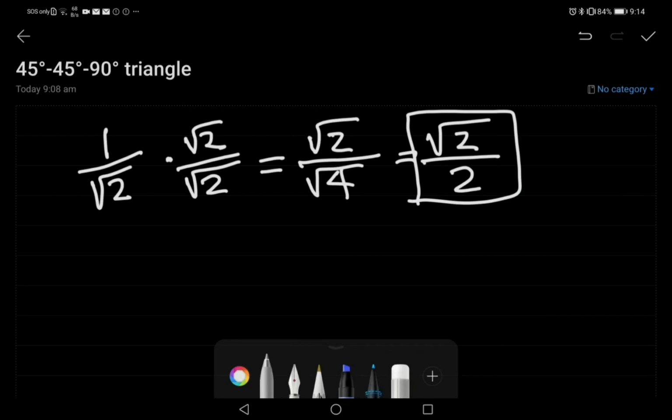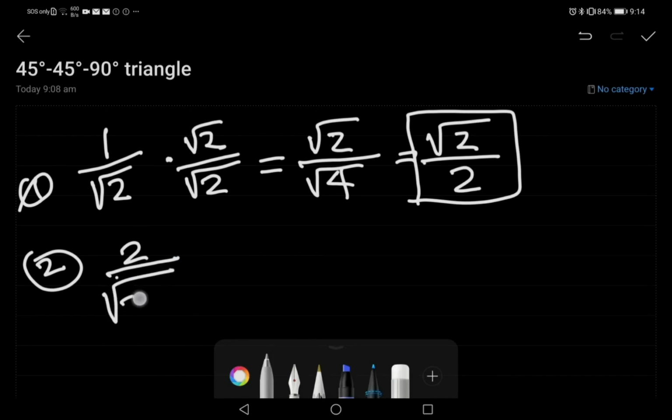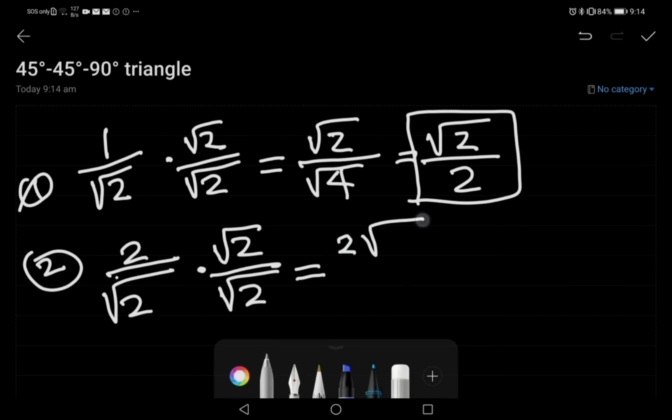Another example. 2 over square root of 2. So we will multiply this again using the square root of 2 over square root of 2. Then we will multiply the numerator. 2 times square root of 2 is 2 square root of 2.